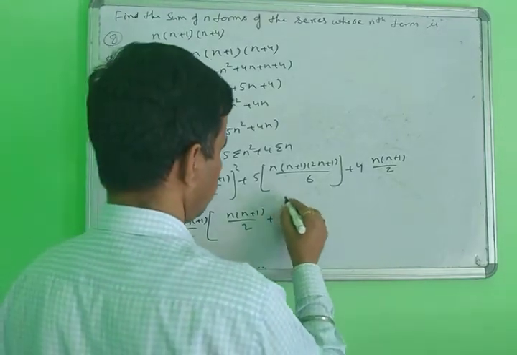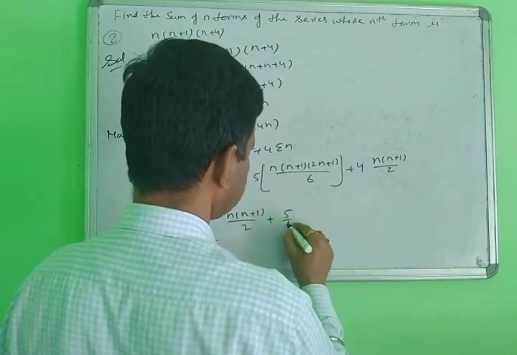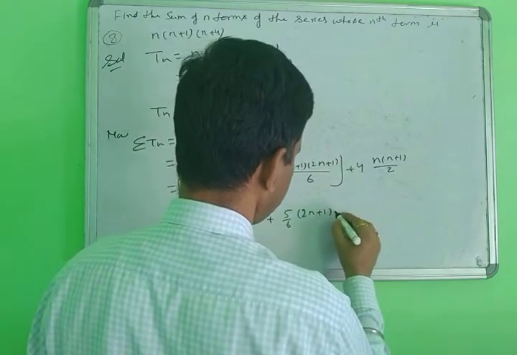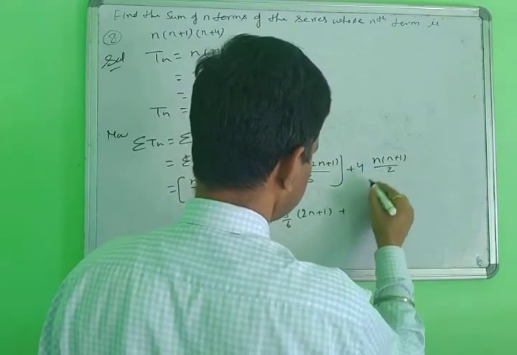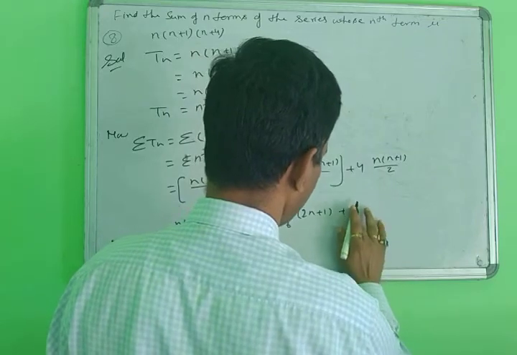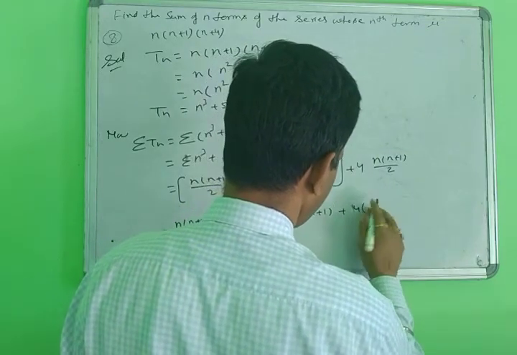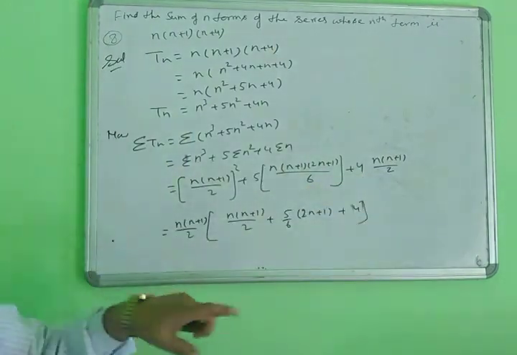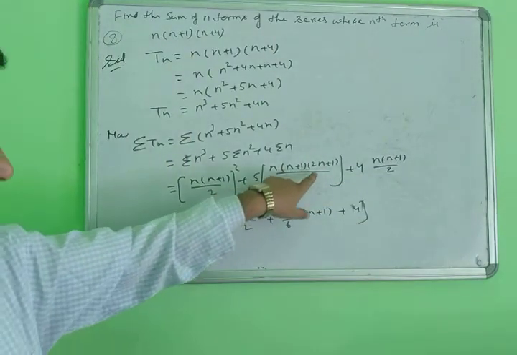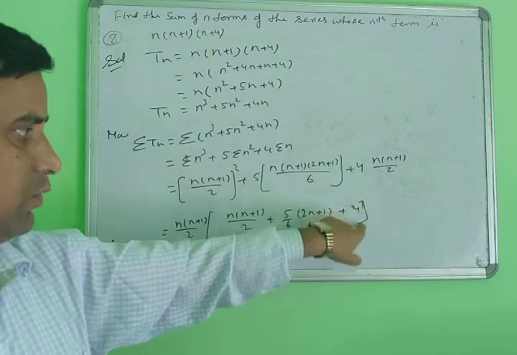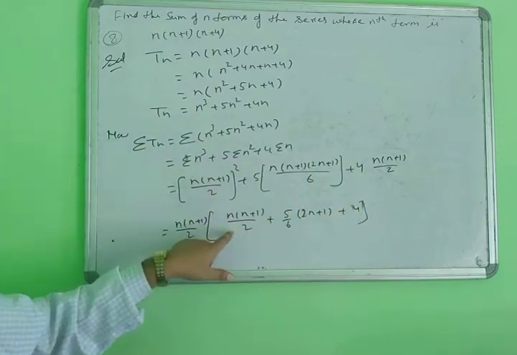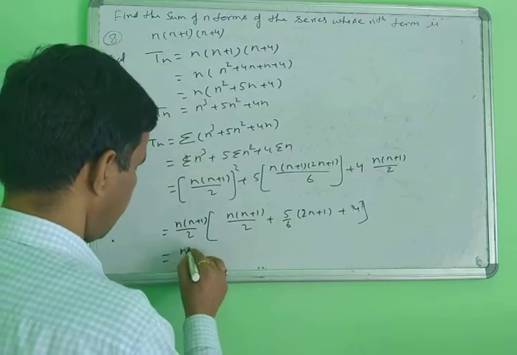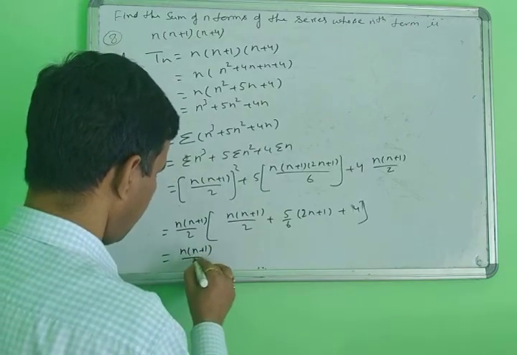Plus what is left: 5 upon 6 and 2n plus 1, and with 4 only left. Here left 5 upon 6 and 2n plus 1, and here left only 4, and here left one n plus 1 upon 2.